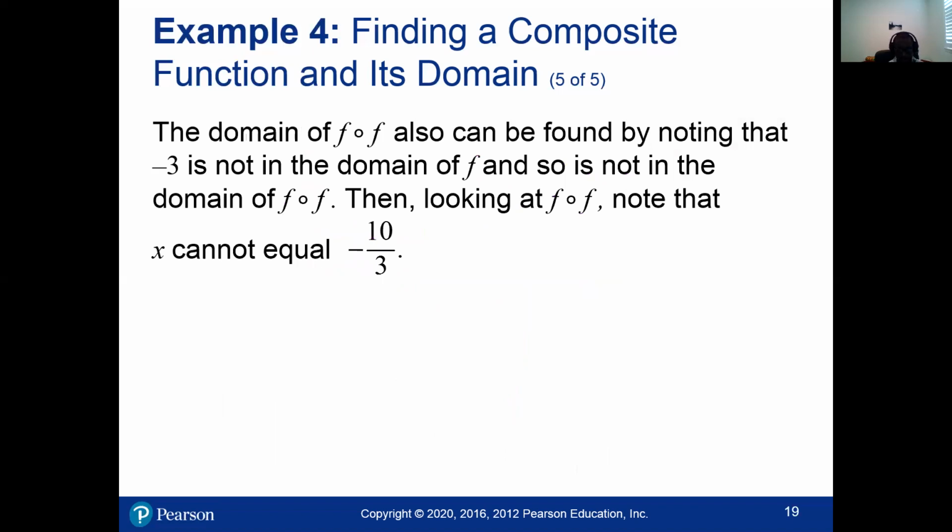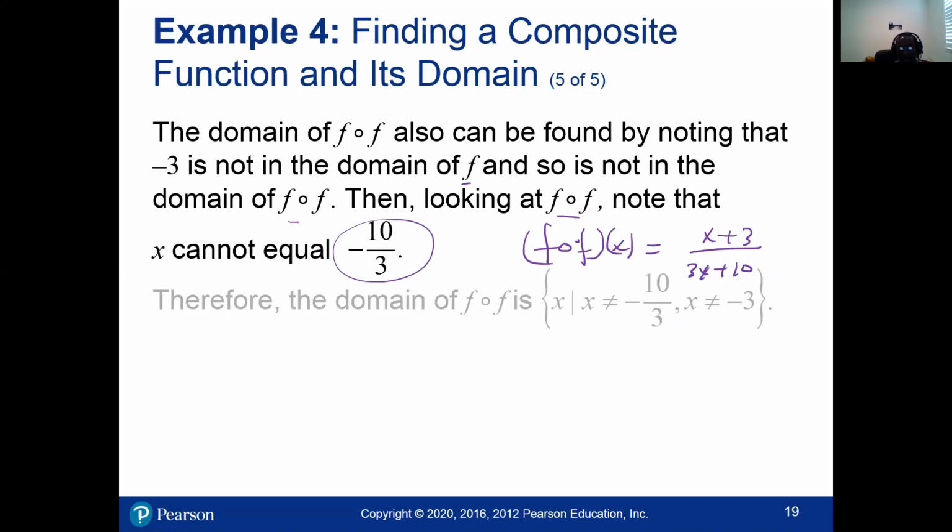That's what I'm explaining here: the domain of f of f can also be found by noting that negative 3 is not in the domain of f. Then looking at f of f, which is x plus 3 over 3x plus 10, and setting that to 0, we see that it's also not equal to negative 10 over 3, and therefore the domain will be the same as before.